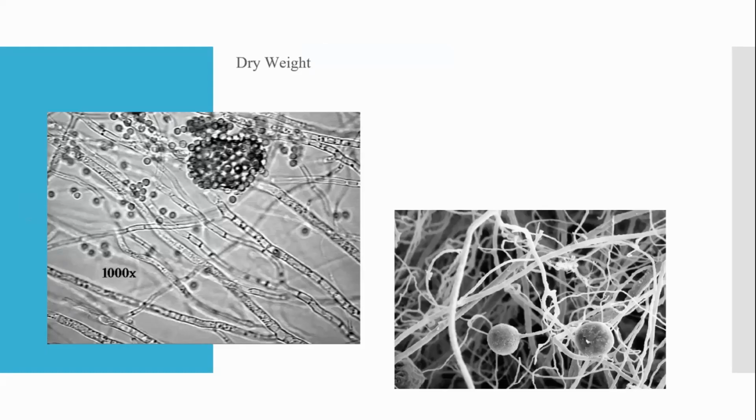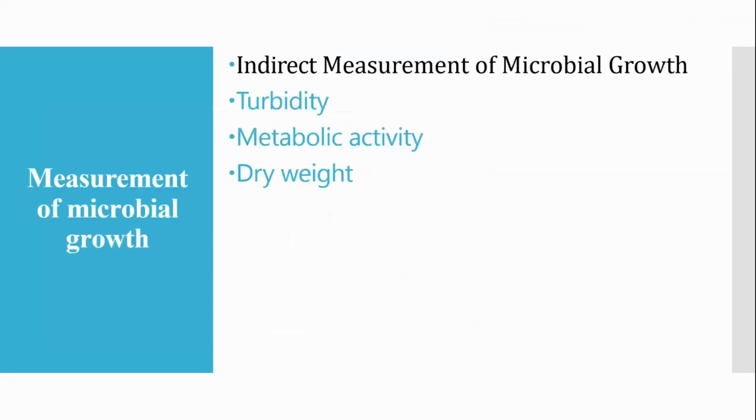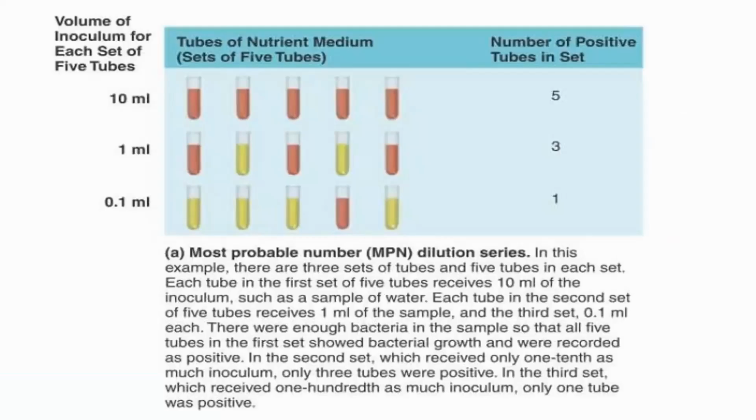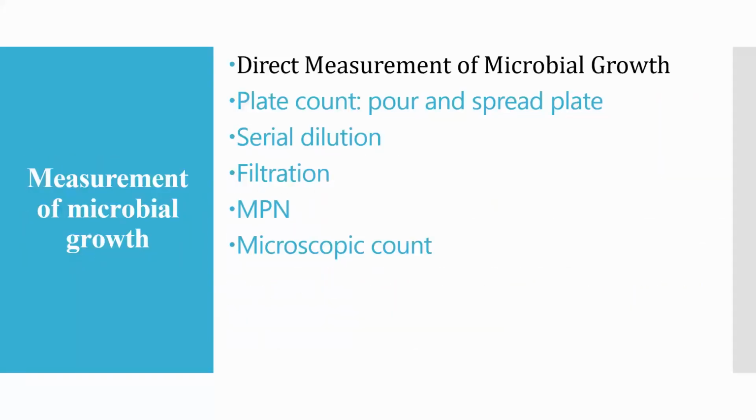Okay, so three methods we have gone through here: turbidity, metabolic activity, and dry weight. These are the indirect methods. The direct methods we have gone through are plate count, pour plate and spread plate. Already we have done them. Serial dilutions you know. Filtration I just told. MPN and microscopic count. Today we have talked about microscopic.